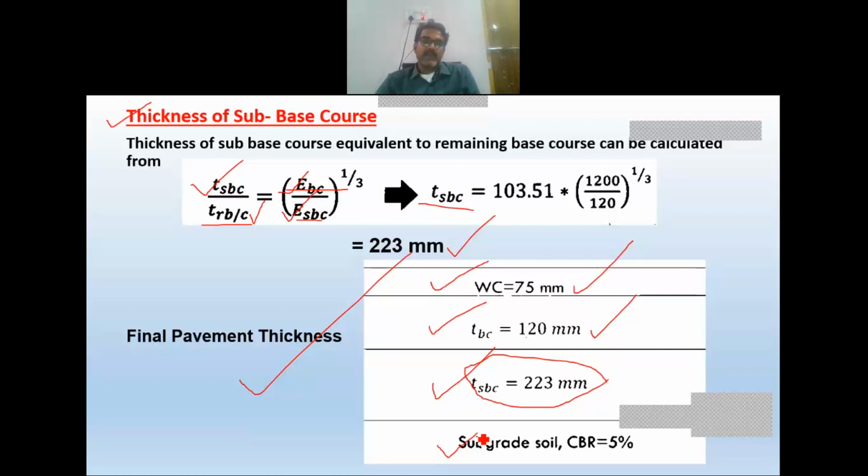Okay, develop a theory, step-by-step procedure of Asphalt Institute method after going through the numerical problem. So you may expect a numerical, or one of the questions in the examination as a theory. Develop the step-by-step procedure of Asphalt Institute method. Okay, so you know the data to be used in this method, and you know the design steps, and you know the chart to be used, and so on.